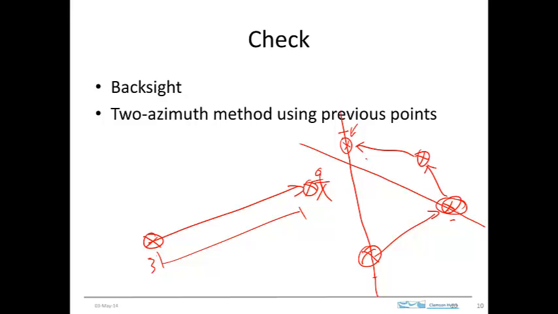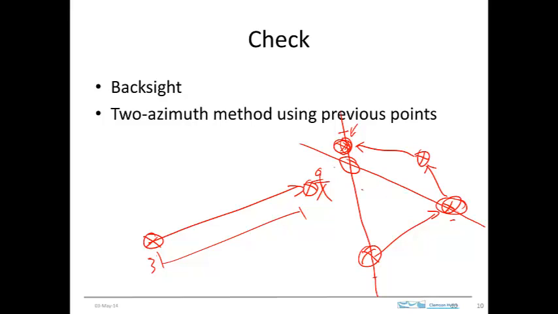So we plot it on the map, and that check says that the point should be there. Well, by this azimuth and pacing method, or azimuth and distance method, we've said that it's here, and so those are different locations, and they're probably different by enough so that we need to sort out which one is correct.